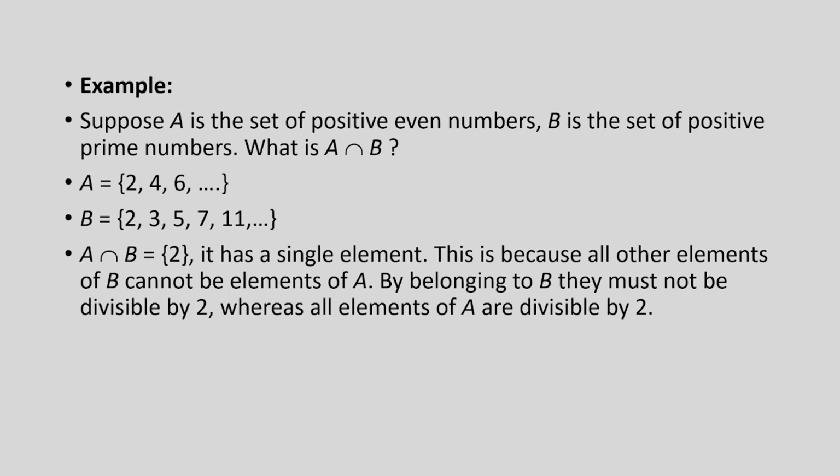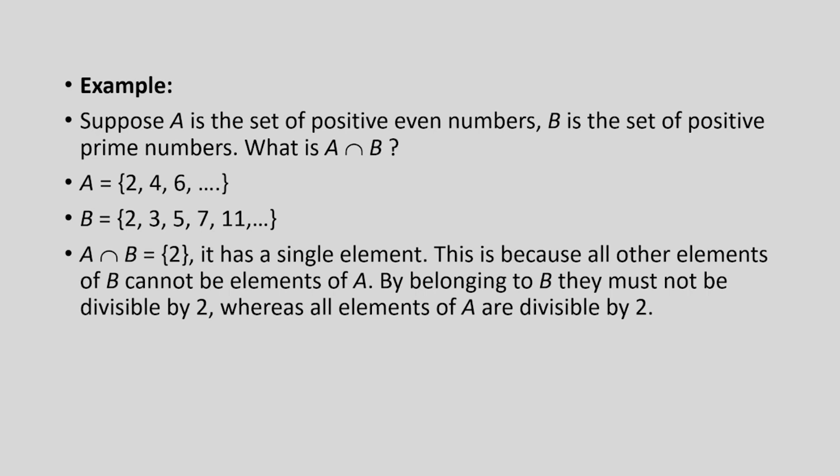The reason is that all other elements of B cannot be elements of A. Intersection means that any element in the intersection set must be in both sets. So, they must be in B, but except 2, all other elements of B cannot be elements of A.